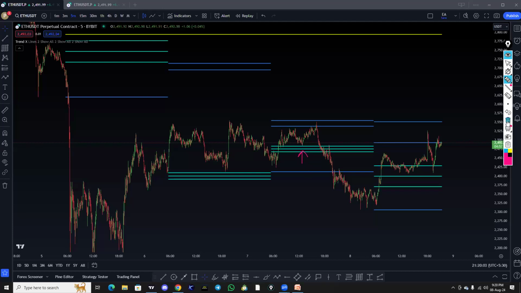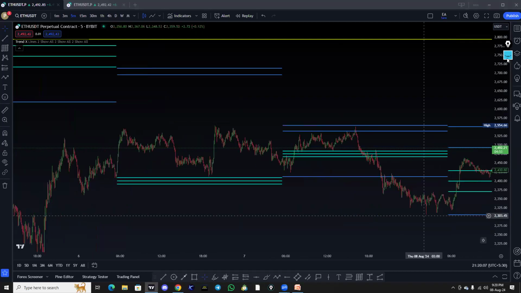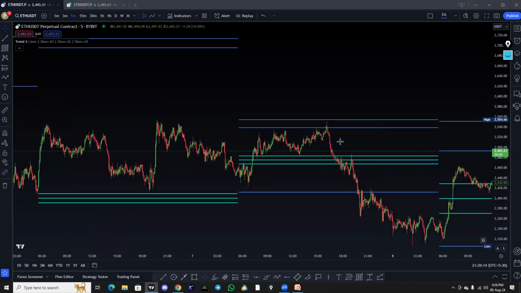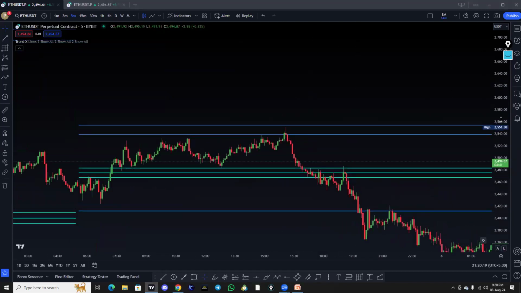So I told you, right? Our short will be from R1 and the previous day high. Now this is the area, the zone to look at short positions, and exactly from that resistance we got an evening star.